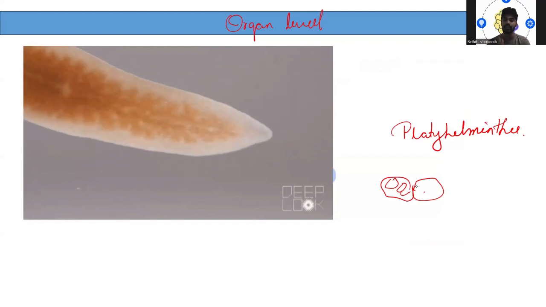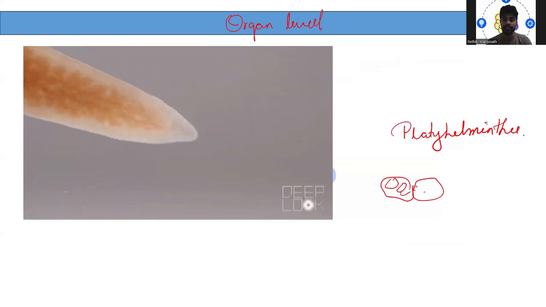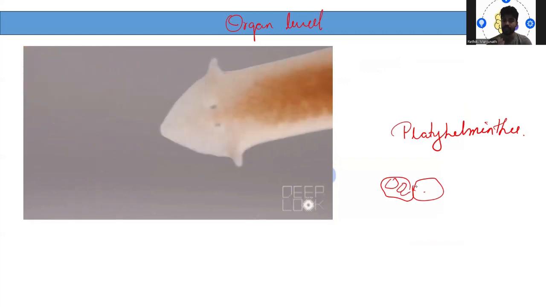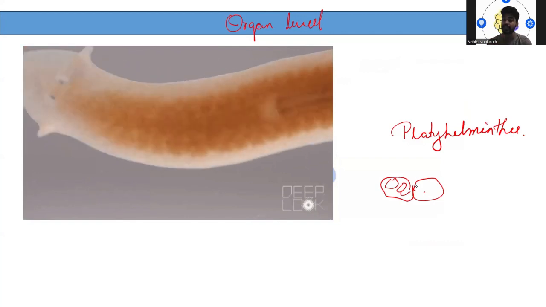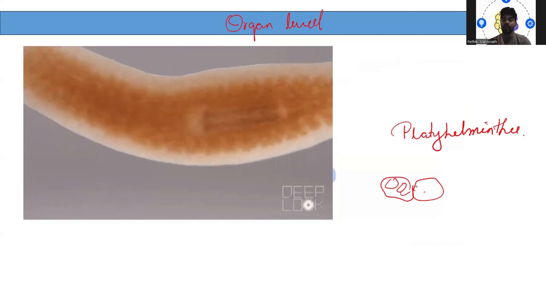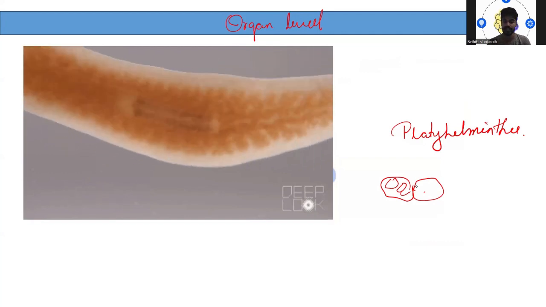These functional systems are connected with each other and perform specific physiological functions. This pattern is called the organ system level of organization.